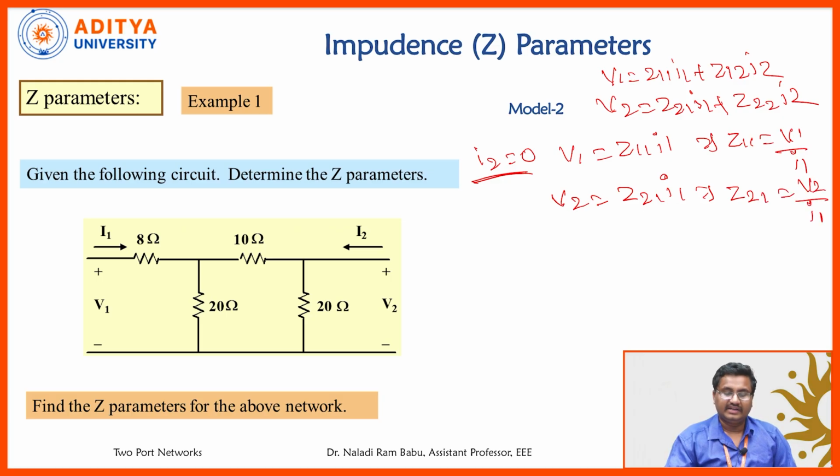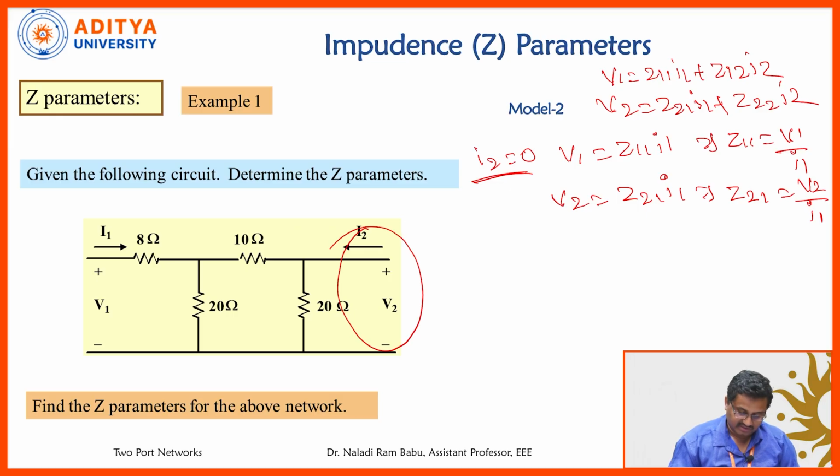Okay. Now, let us calculate the value of Z11. Z11 is V1 by I1, but here I2 is 0, that means no current is flowing through it. So, this is a completely open part. Therefore, total Z11 is 8 plus these two in parallel, right?